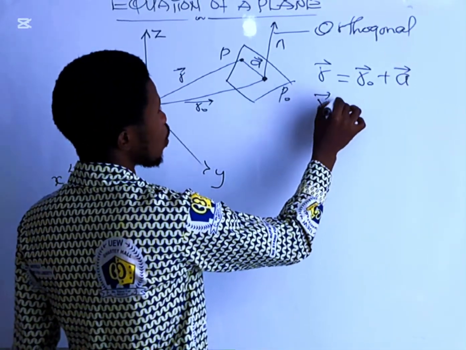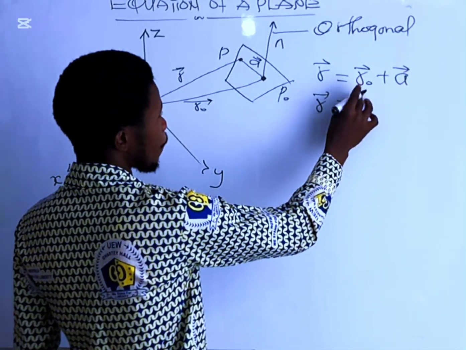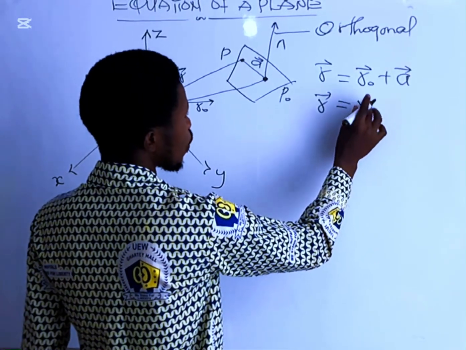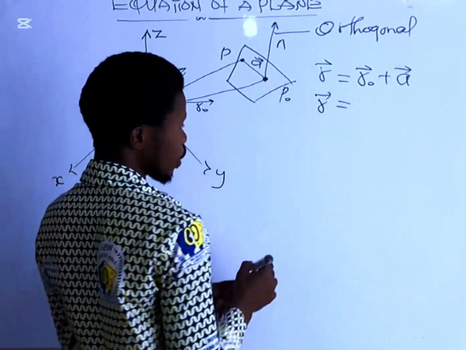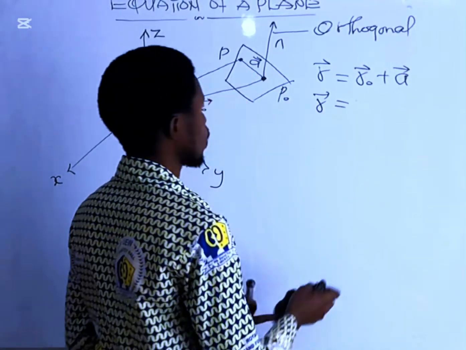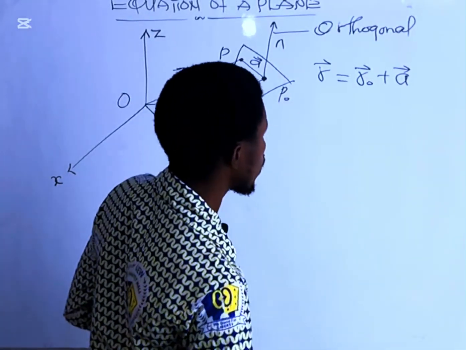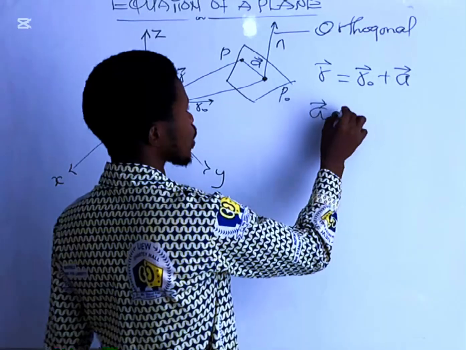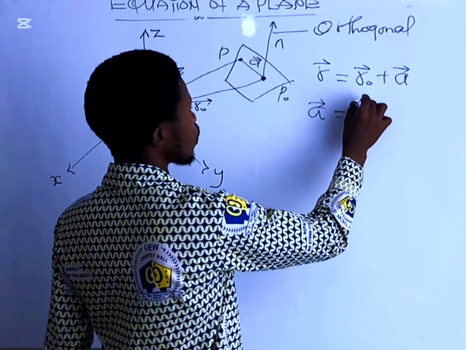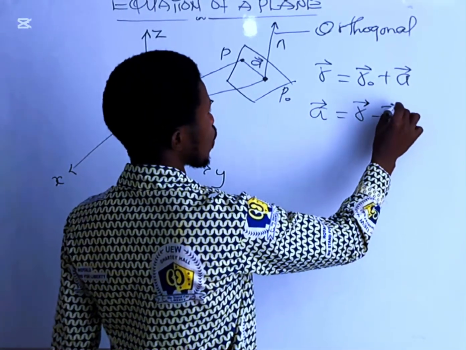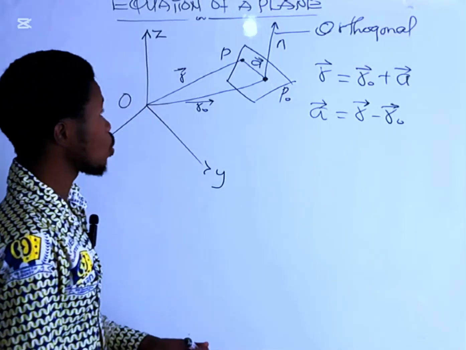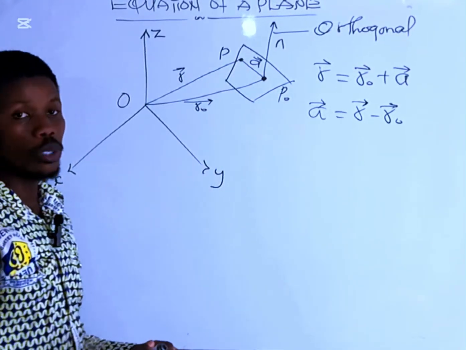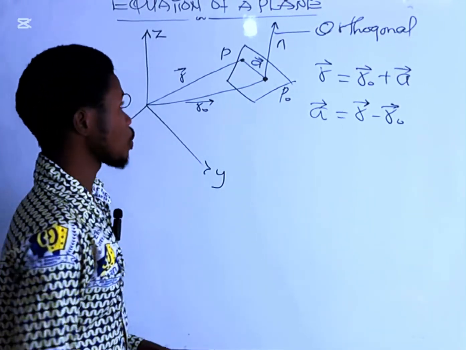Let me do something here. Let me group, like I'm making vector A the subject. If I make vector A the subject, I'm going to have vector R minus vector R naught. Is that okay? So in place of vector A, I can put vector R minus R naught there.